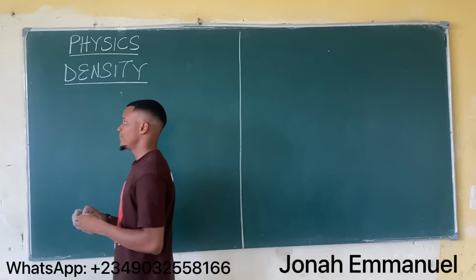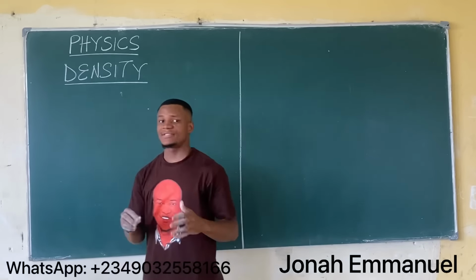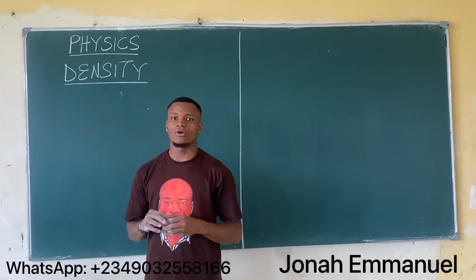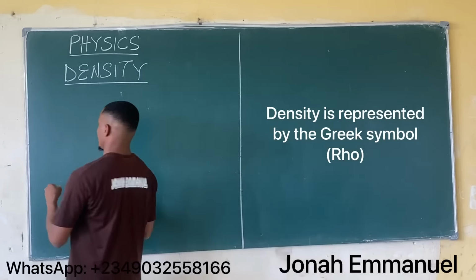Density is represented by the Greek symbol rho. That's this, rho. And mathematically, density is equal to mass over volume. So mathematically, density, that's rho, is equal to mass all over volume.